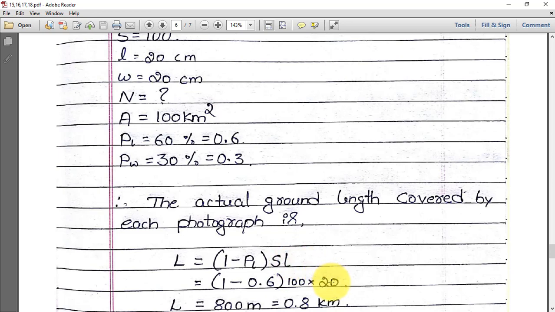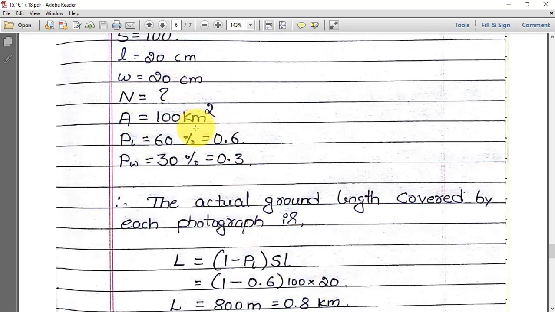Small l is 20 centimeter. Again, no need to convert centimeter to meter, because the scale we have considered already, 1 centimeter is equal to 100 meter. This is one very important step. Don't convert to meter here.